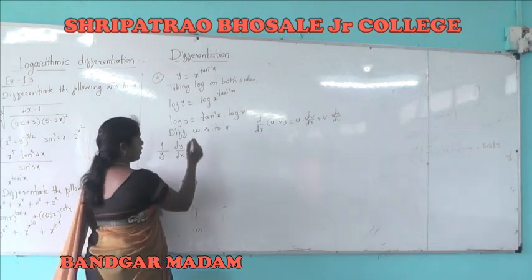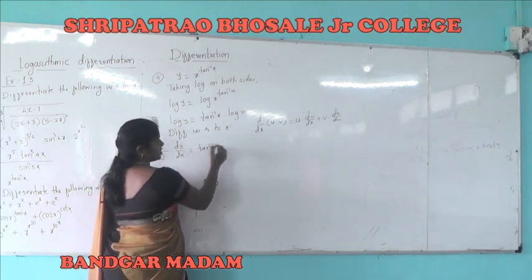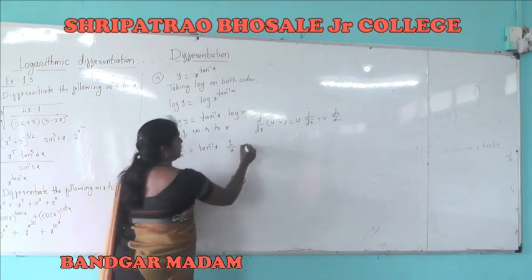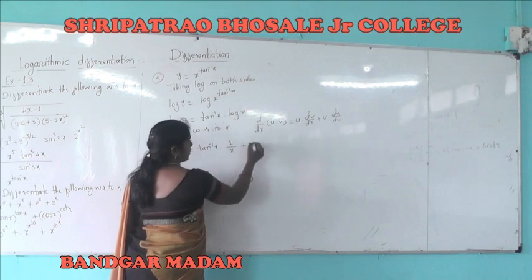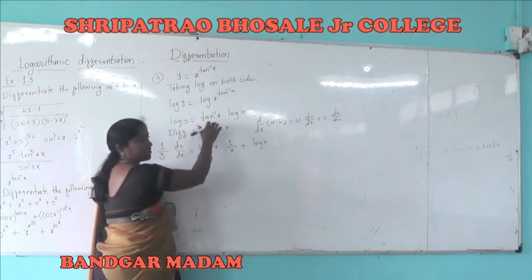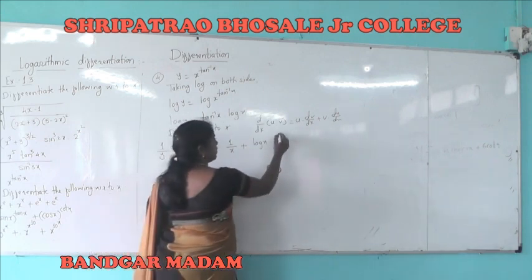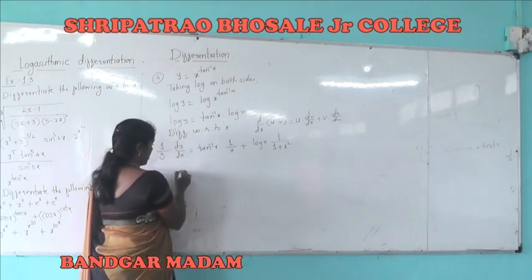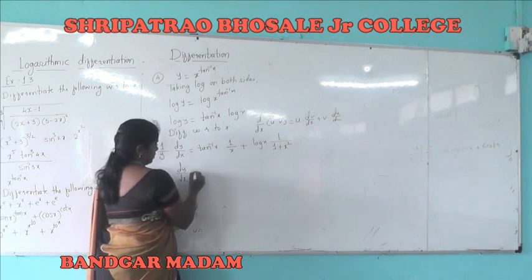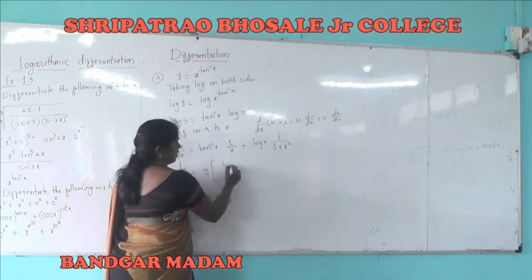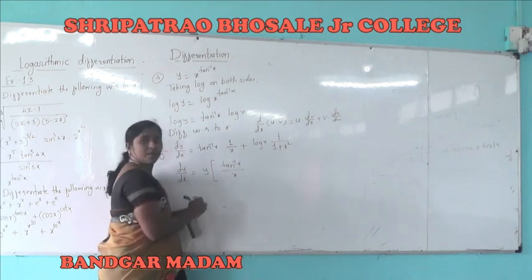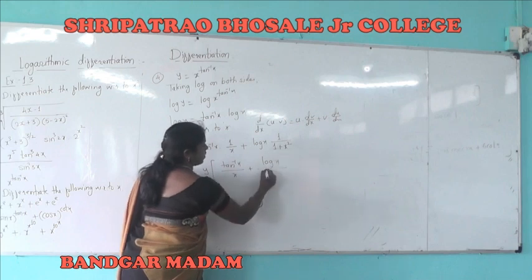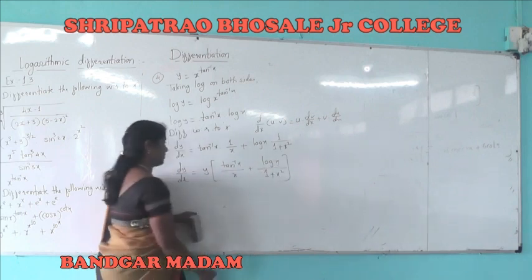So using this formula, first function as it is, tan inverse x as it is, derivative of log x, 1 upon x, plus log x as it is, derivative of tan inverse x, which is 1 upon 1 plus x square. So dy by dx is equal to y into tan inverse x upon x plus log x upon 1 plus x square.